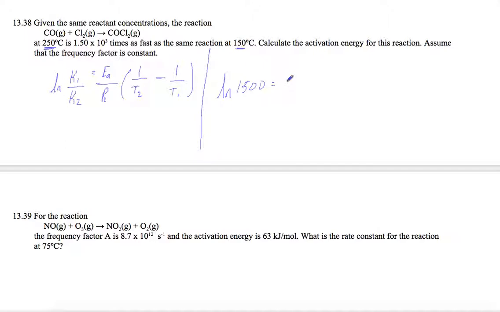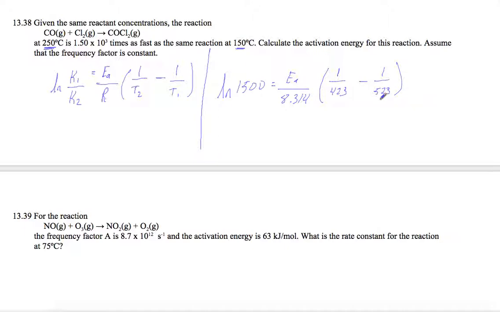It's equal to the activation energy, which is what we're looking for, over R, 8.314. I know I have to use this version of R because I am dealing with energy, which is in joules. So we have 1 over 423 and 1 over 523.